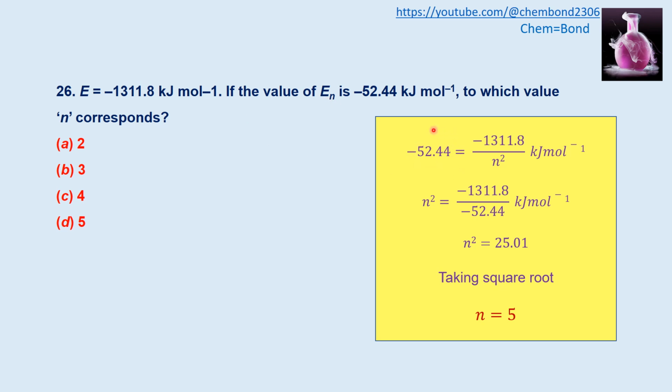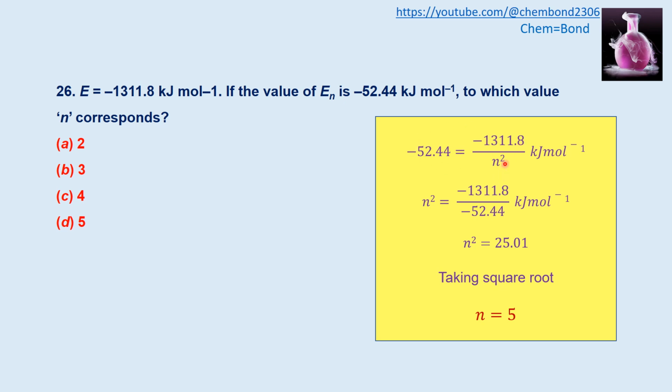The energy for the nth orbit is equal to minus 52.44, and the energy given in kilojoule per mole has a fixed value, minus 1311.8 divided by n square. This is from the formula, just like in electron volt, minus 13.6 divided by n square. Here it is in kilojoule per mole, so its value is 1312, or 1311.8, divided by n square.